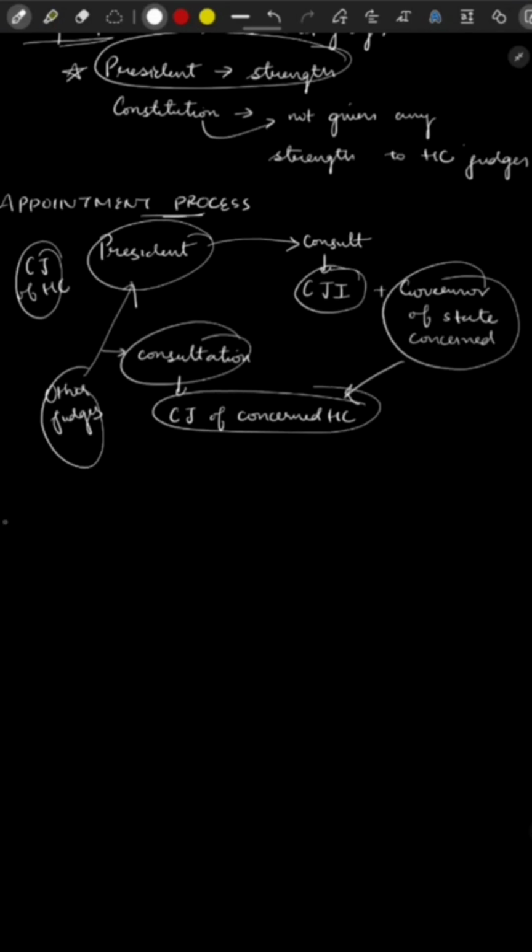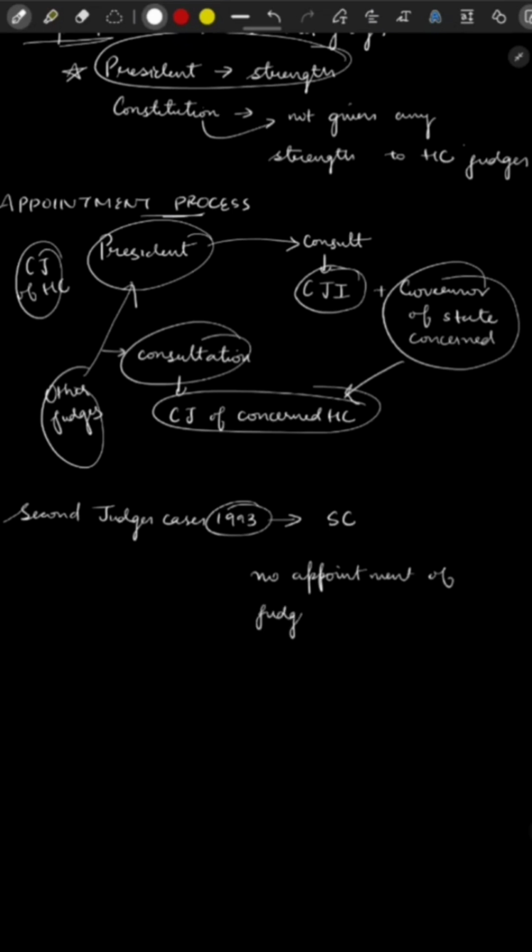Now there is a case famously called the Second Judges case, which happened in 1993. Here the Supreme Court ruled that no appointment of a judge of a High Court be made unless it is in conformity with the Chief Justice of India.